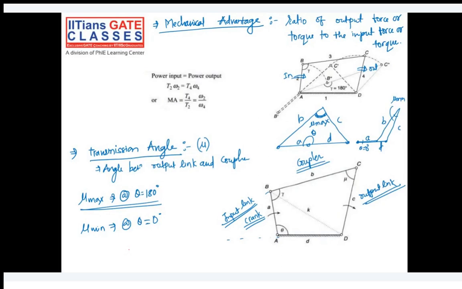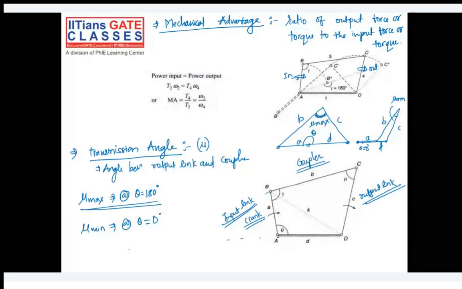Yes, so what we can use is cosine. In this case I'll just try to explain you here. A plus d whole square will be equal to b square plus c square minus 2bc cos of mu. And this mu will be mu max in our case.